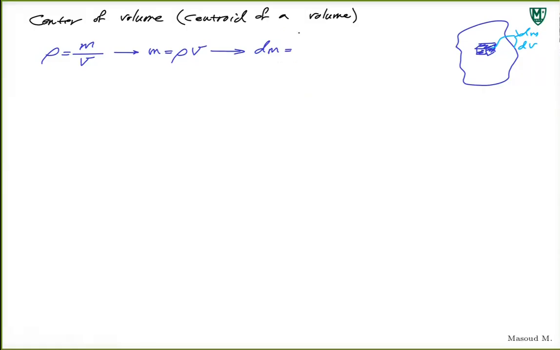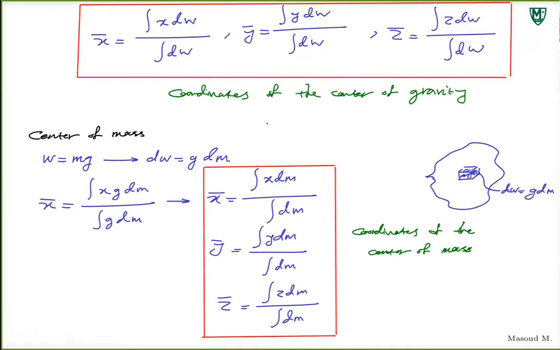So this becomes dm equals rho dv. V changes though. When you change the element, the size changes, the mass changes, the volume changes, but density doesn't change. So density comes out. We'll go back to what we derived for the coordinates of the center of gravity and use them again.